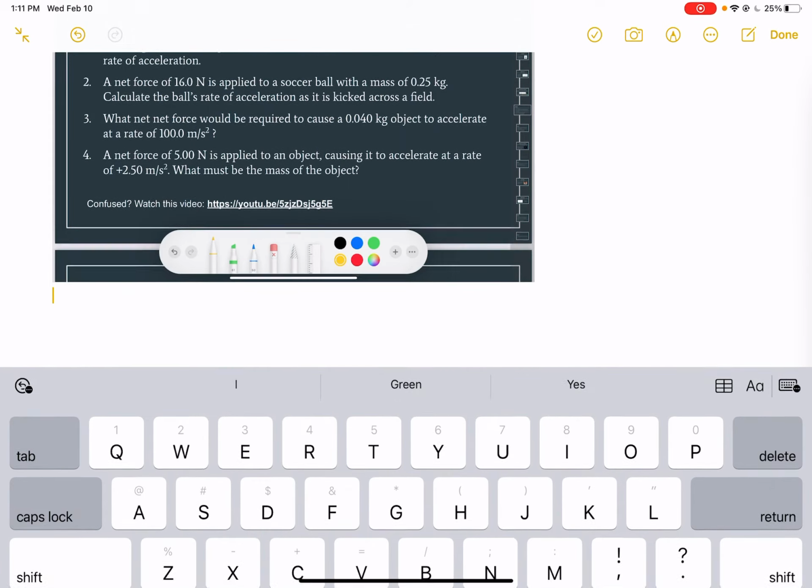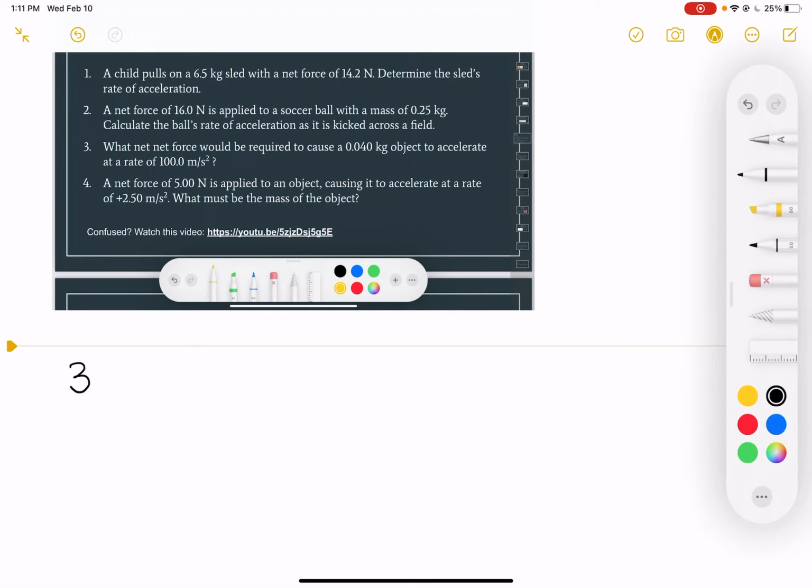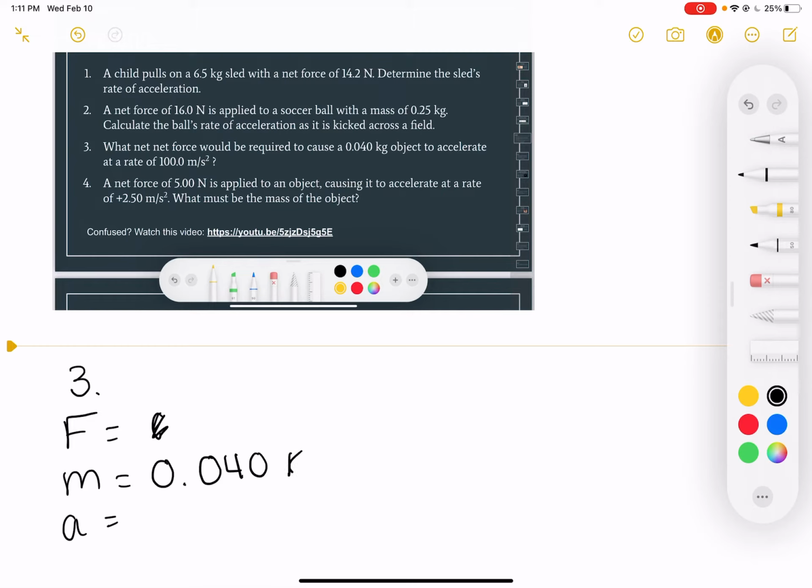Let's try number 3. Number 3 says, what net force would be required to cause 0.040 kilogram object to accelerate at a rate of 2.50 meters per second squared.